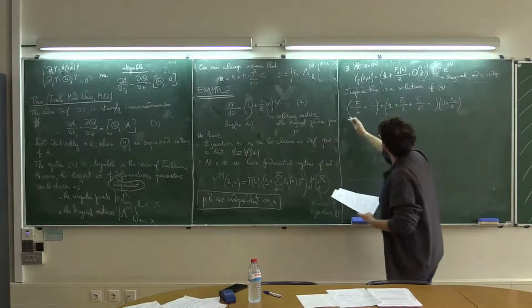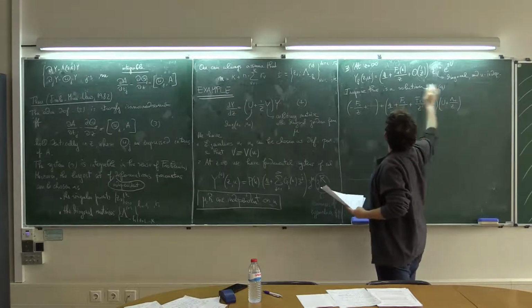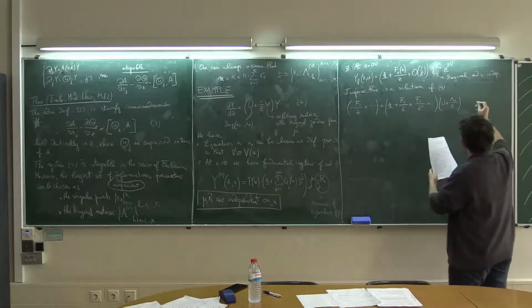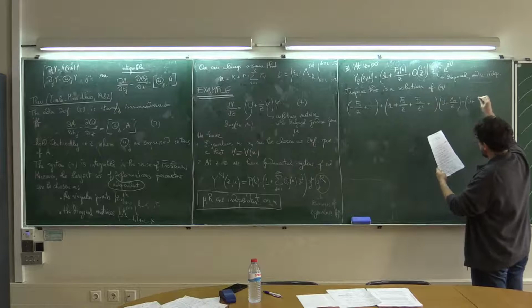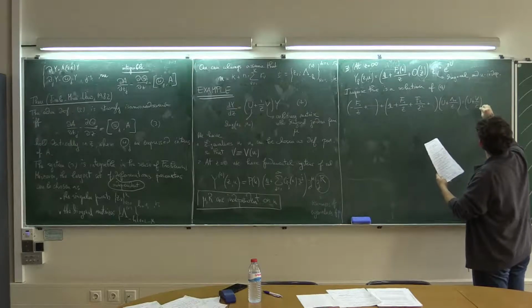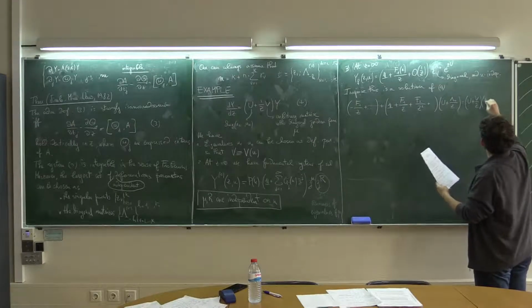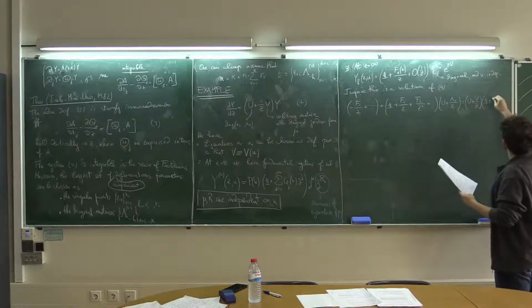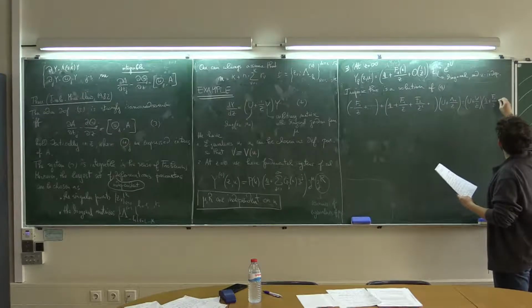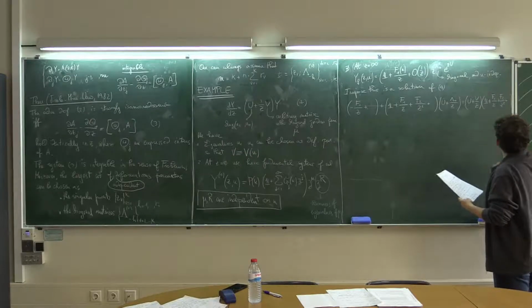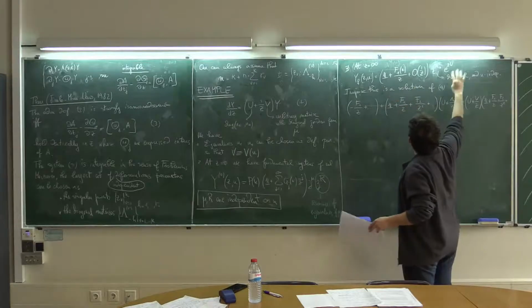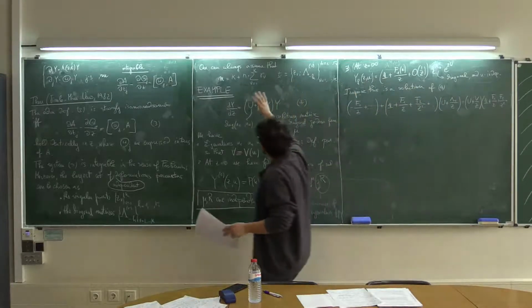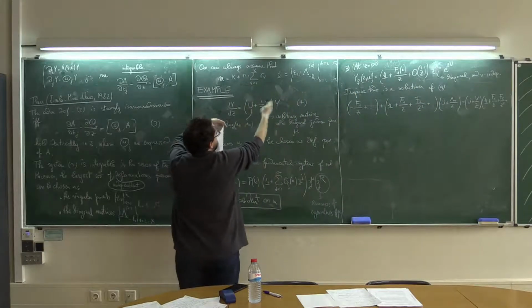These terms come from the derivative of this. And this must equal u plus v over z, times identity plus f1 over z plus f2 over z squared plus and so on.